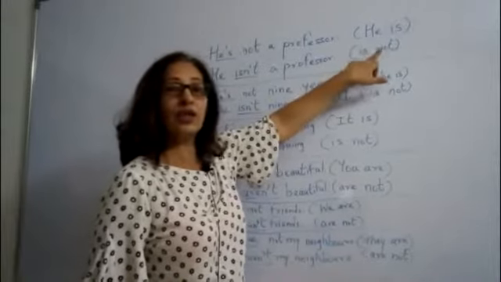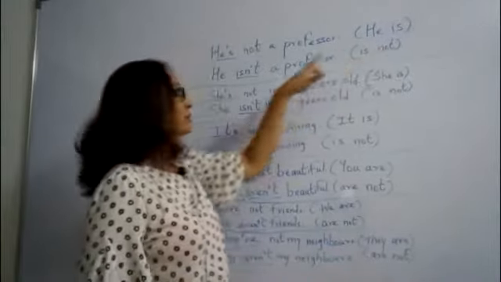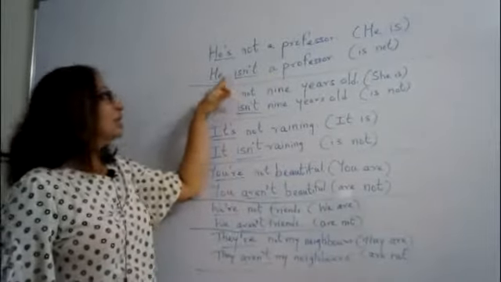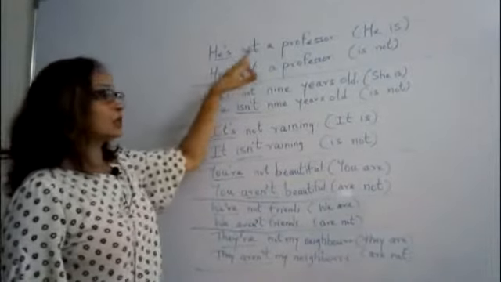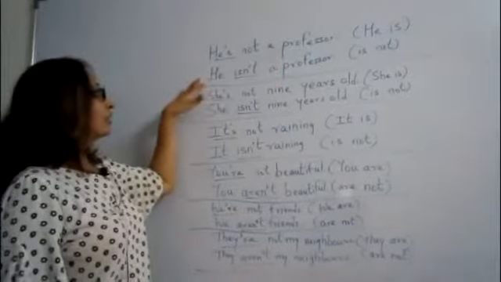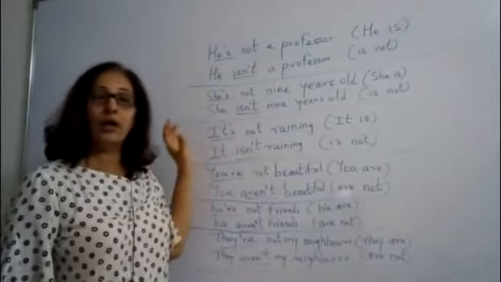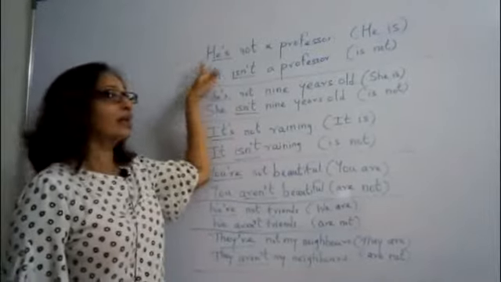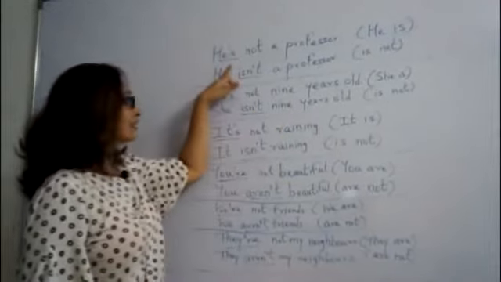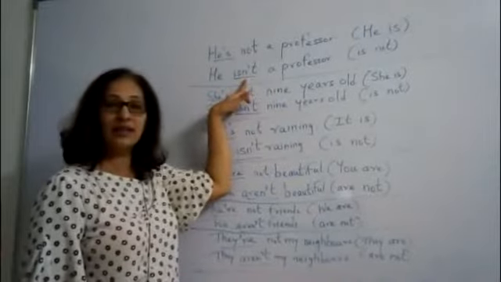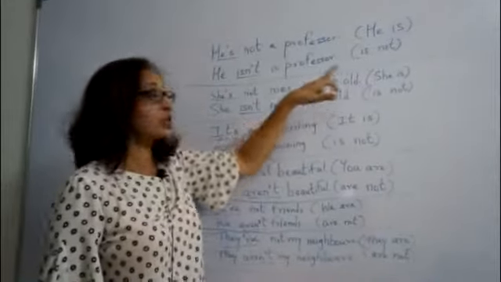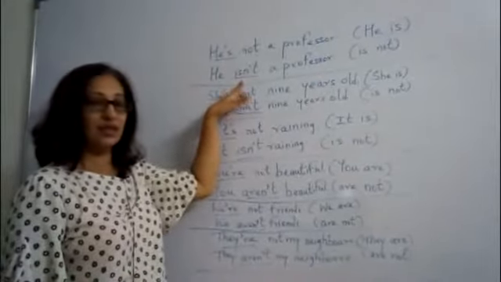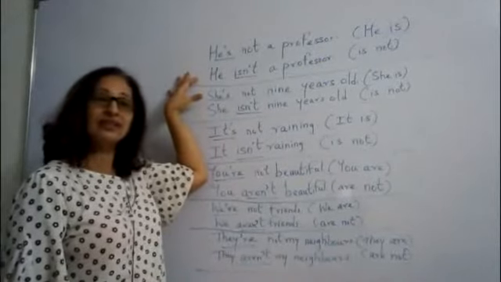Okay, is not when contracted becomes isn't. So whether you say he's not a professor or he isn't a professor, both mean the same. Here we are contracting he is, and here we are contracting the two words is not, which is isn't. Both the sentences mean the same thing.